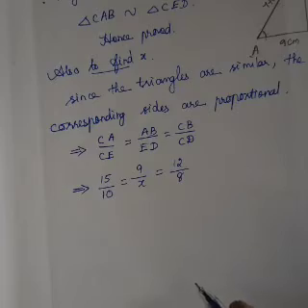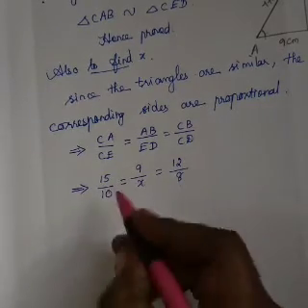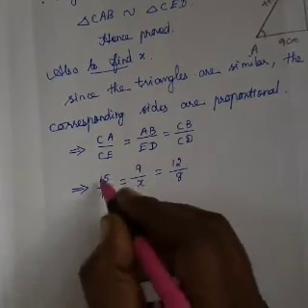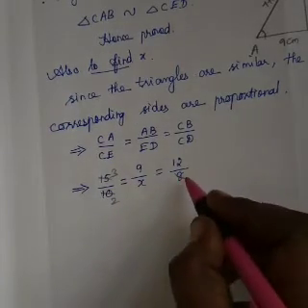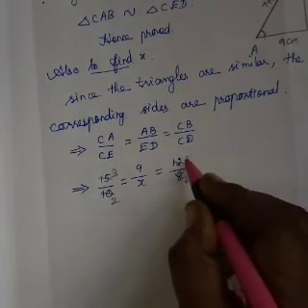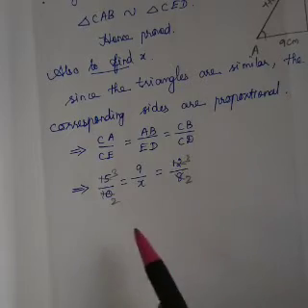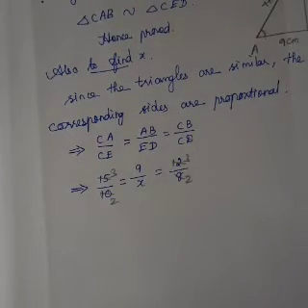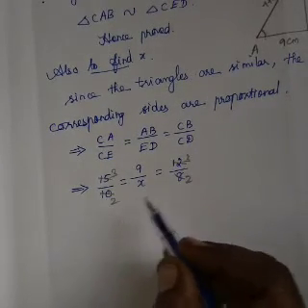Okay, now we can simplify. Here 2 5s are 10, 3 5s are 15, 2 4s are 8, 4 3s are 12. Anyway, the ratios are equal, and it is equal to 3 by 2.